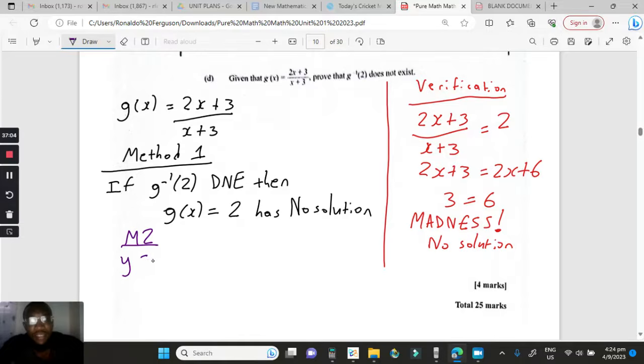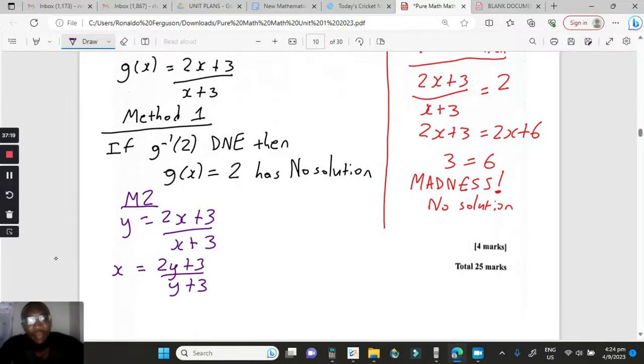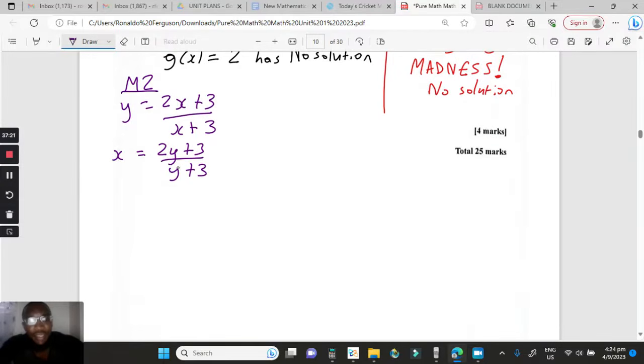So now y is equal to 2x plus 3 over x plus 3. If we interchange x and y, we have x is equal to 2y plus 3 over y plus 3. They will need to make y the subject again. So in this case, we cross multiply, so xy plus 3x is equal to 2y plus 3.